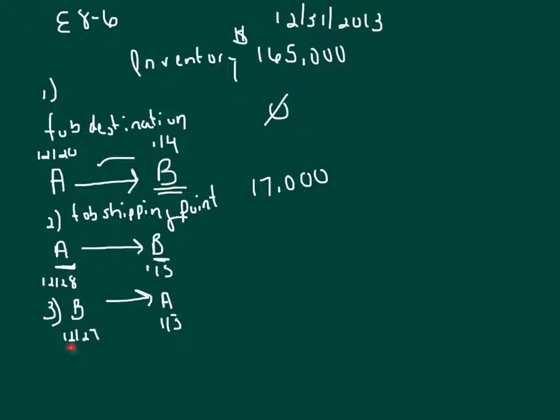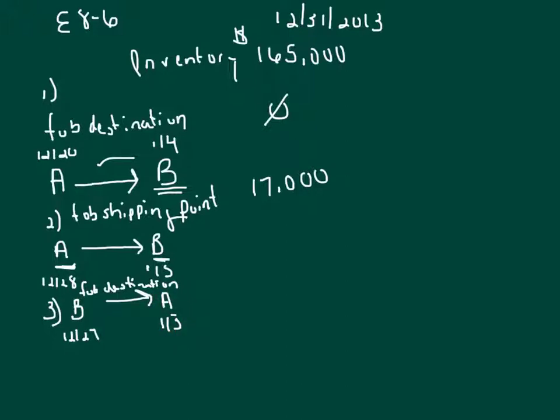It did leave their shipping point on 12/27, so it wasn't included in their inventory when they did their physical count. But again, for legal purposes, because this one's FOB destination, Quack, who is B, keeps it in their inventory until it's reached the destination on 1/3.